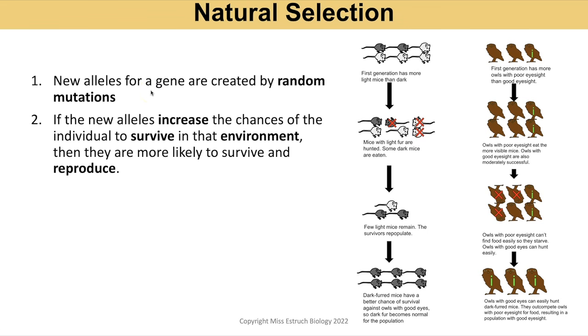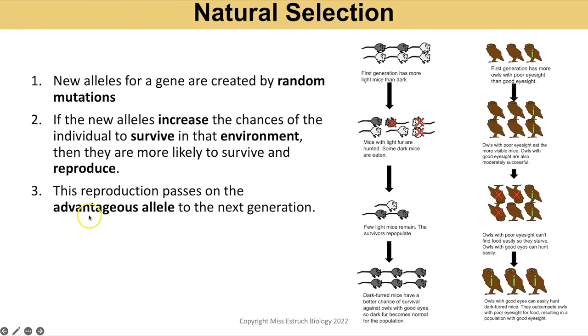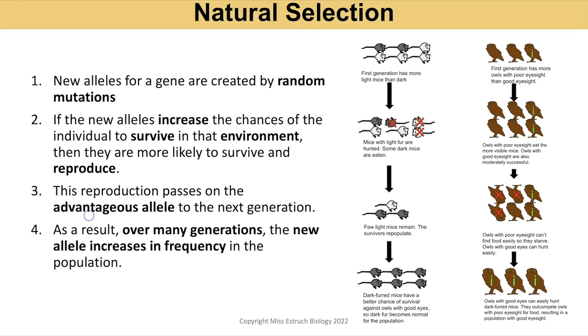If this new allele provides a selective advantage, meaning it increases the chances of the individuals who have that mutated version of the allele to survive in that particular environment, then they're more likely to survive and reproduce, and therefore they pass on potentially that advantageous allele to the next generation. As a result, if this continues over many generations, that mutated version of the allele will now become more frequent in the gene pool of that population.